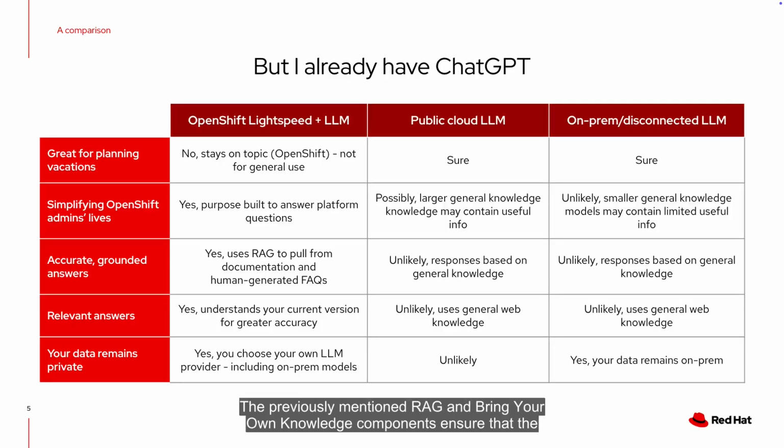The previously mentioned RAG and Bring Your Own Knowledge components ensure that the responses are relevant and accurate for the specific environment where OpenShift Lightspeed is running. And finally, as we saw previously, if data privacy is key for you, OpenShift Lightspeed gives you the ability to choose and control which language model to use and where to host it.